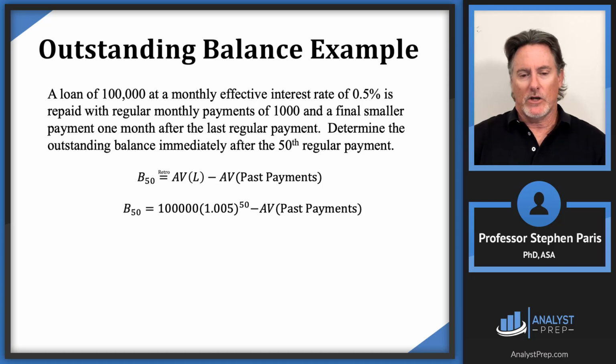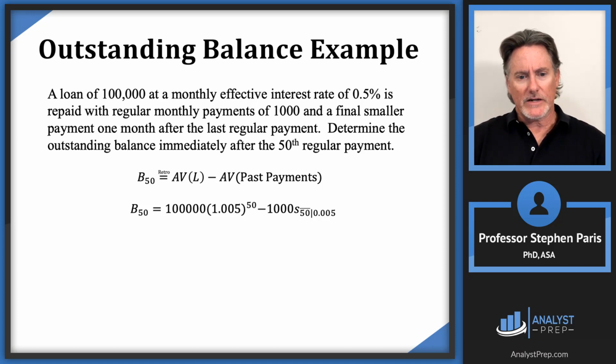So I'm looking at the accumulated value of an annuity with payments of 1,000 at the time of the last 50 payments. Symbolically, going back to module 2, this would be 1,000 times s angle 50. So that's the equation that I have, and I'm just trying to solve that for B sub 50.